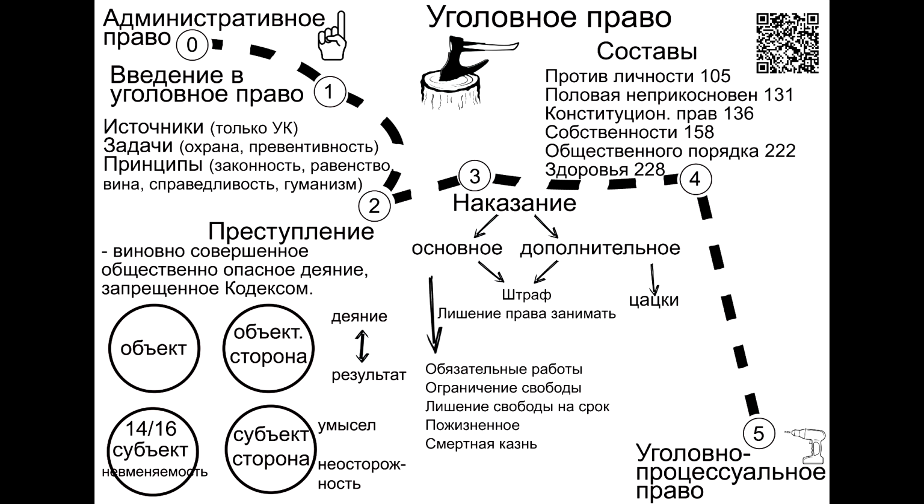In addition, the subjective side includes the goal, the motives for committing the crime, and the emotional state, for example, the effect. To exclude the criminality of an act, there are circumstances such as necessary defense, extreme necessity, infliction of harm, and detention of the criminal.